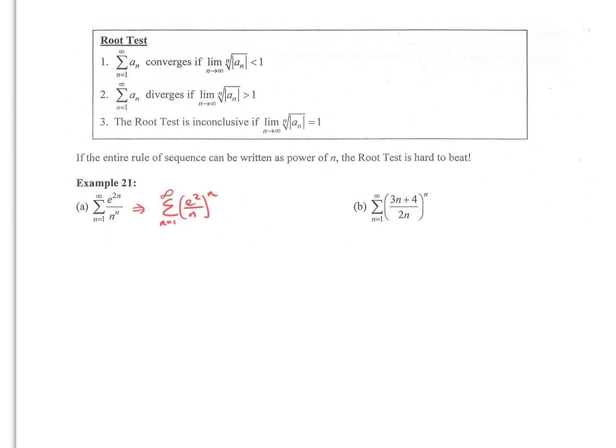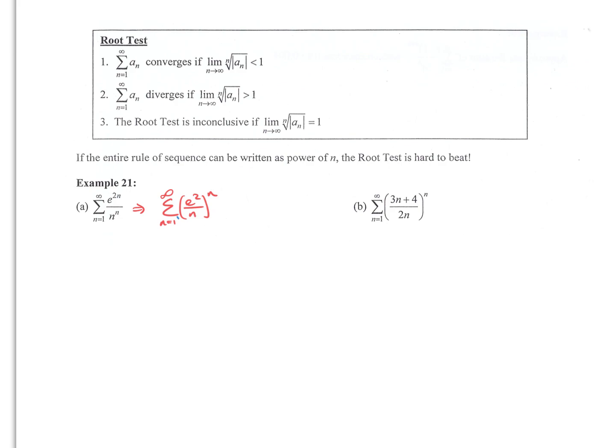And so now it's not geometric. The reason why it's not geometric is I have a variable in this denominator. Okay, does it look similar to a geometric though because it's raised to a power of n? This e squared is a number, but then I have a variable. So we can root out the exponent. And so we're going to nth root it.